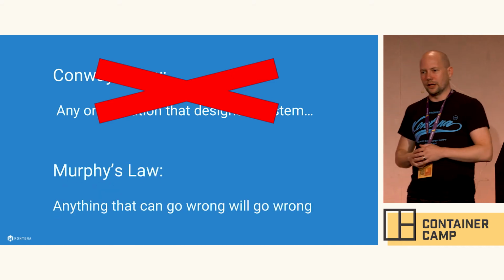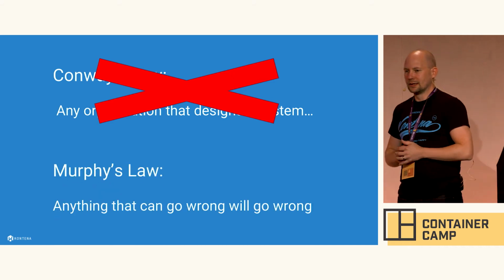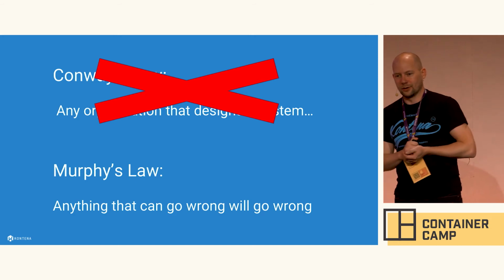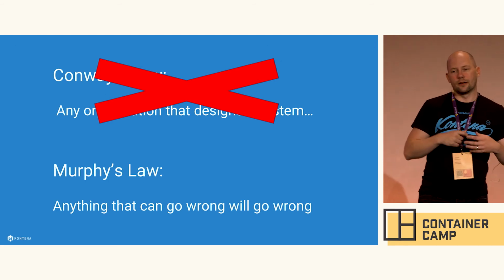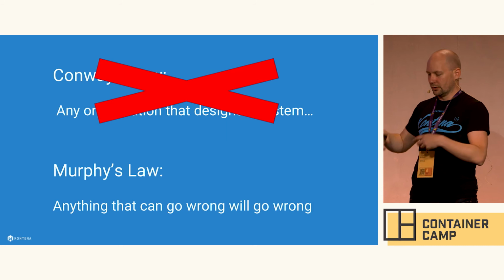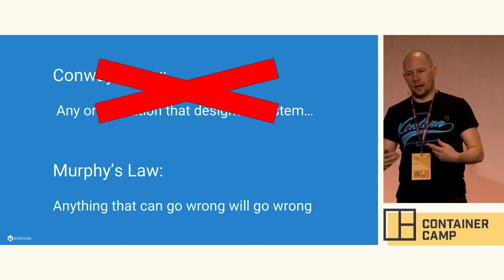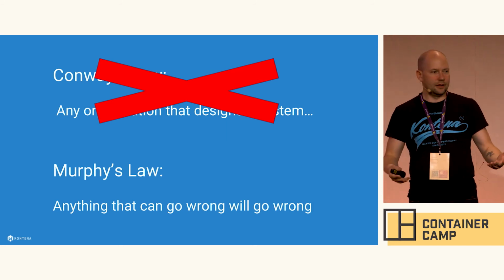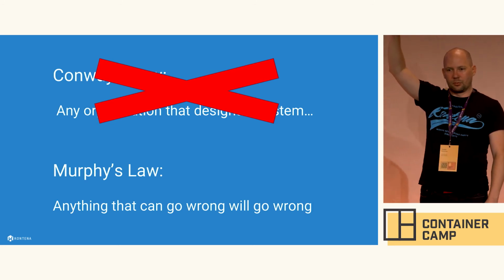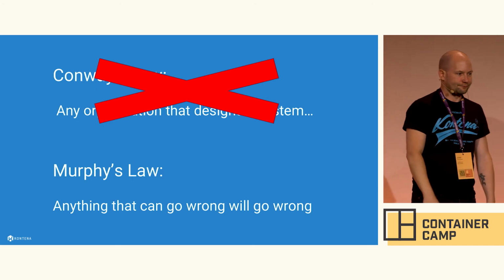There's really something more important, and it's Murphy's law. Anything that can go wrong will go wrong. And now when you're running things on multiple different zones, data centers, servers, multiple different services, applications, containers, it's like an exponential curve on the probability of things going south.